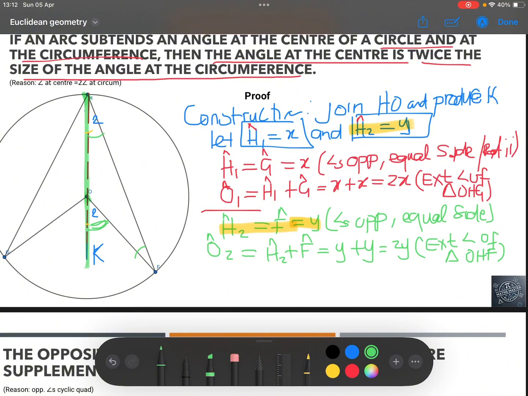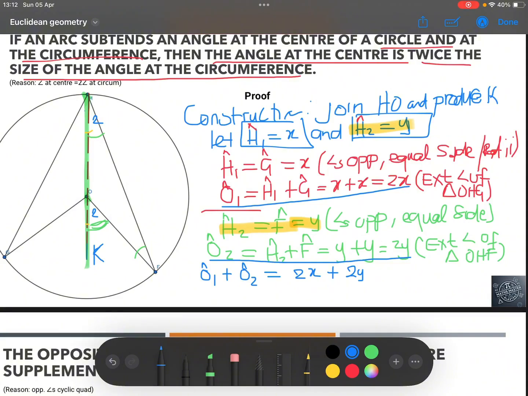Then if we add angle O1 plus angle O2, that will give us what? Angle O1 is equal to 2x, angle O2 is equal to 2y. So O1 will be 2x, plus O2 will be 2y.